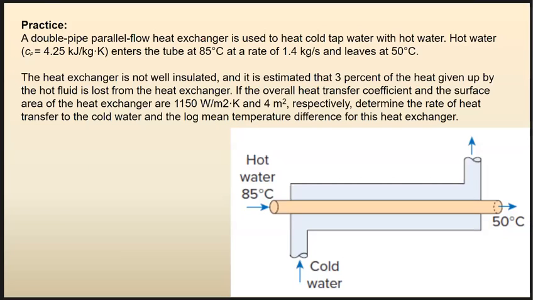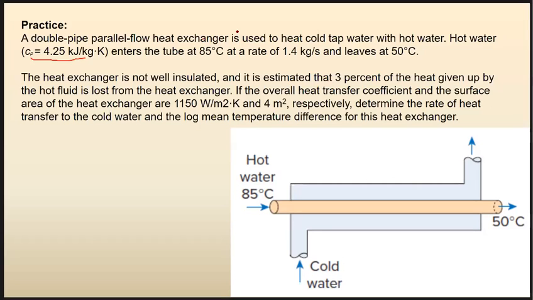And this problem is assigned to you as a practice problem. A double pipe parallel flow heat exchanger is used to heat cold tap water with hot water. Hot water with the specific heat of 4.25 kilojoule per kilogram Kelvin enters the tube at 85 degrees Celsius at a rate of 1.4 kilogram per second and leaves at 50 degrees.